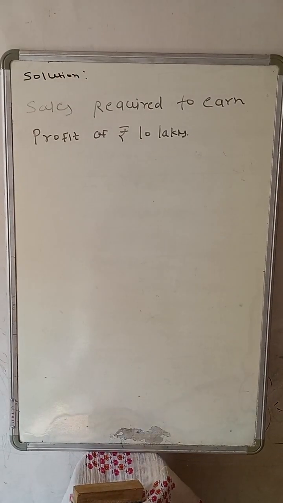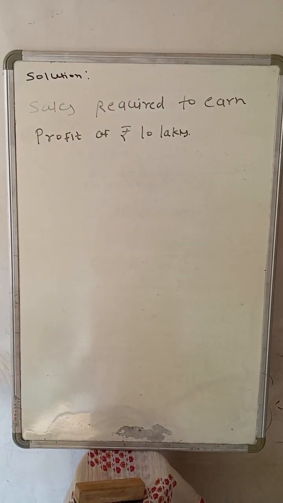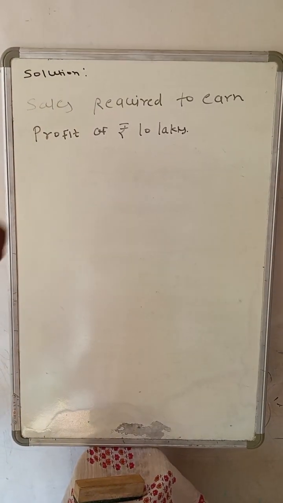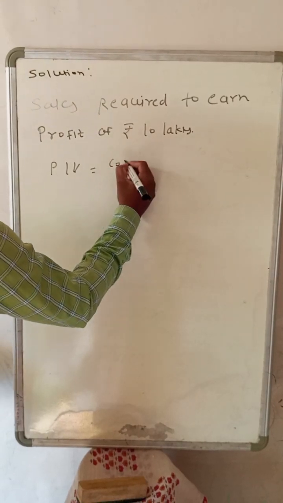Third point, required sale to earn the profit of rupees 10 lakh. They are expecting us to calculate the desired sale to earn the profit of rupees 10 lakh. We know the formula of PV ratio.